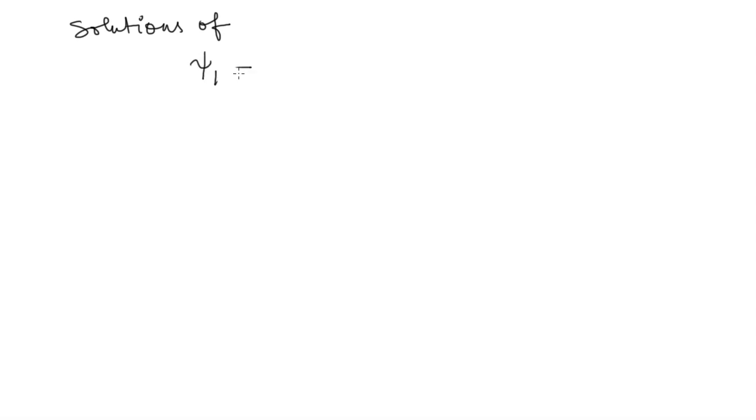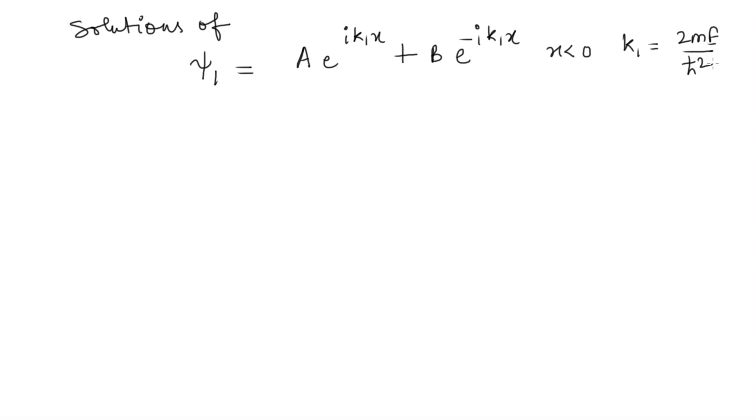Psi 1 is equal to A e to the power i k1 x plus B e to the power minus i k1 x, for x less than 0, where k1 is the square root of 2mE upon h cross squared.